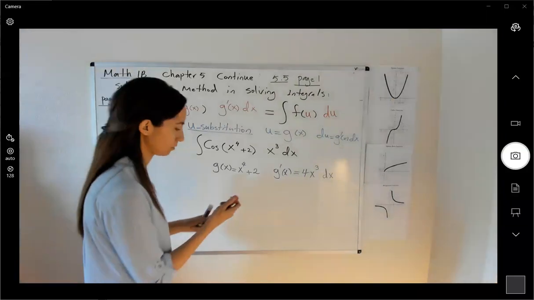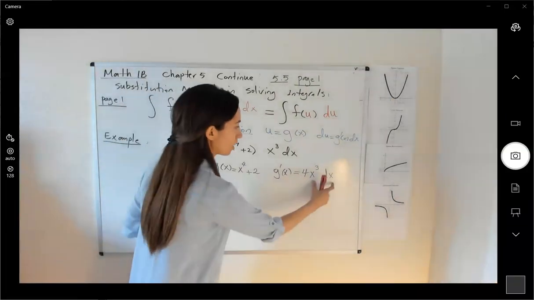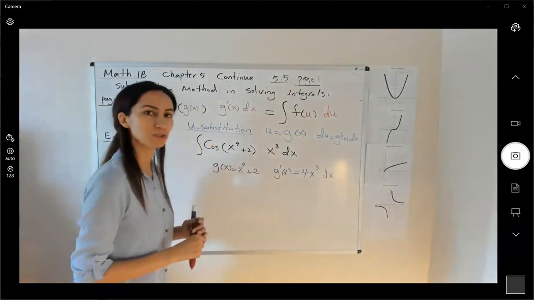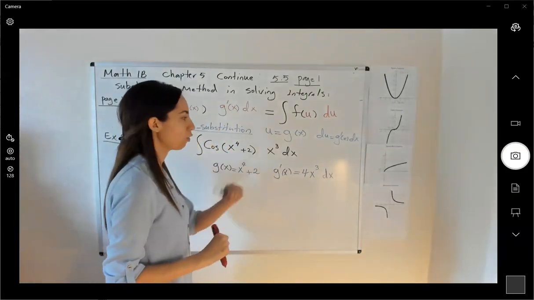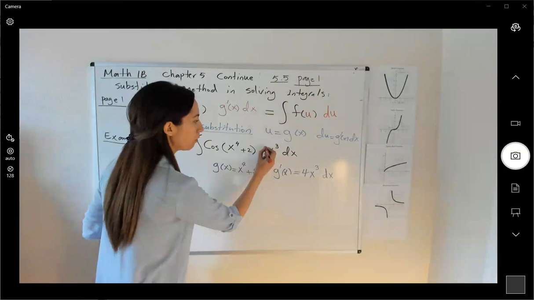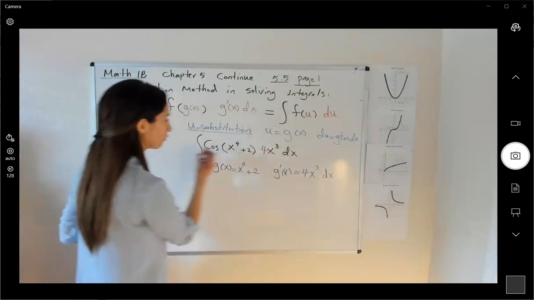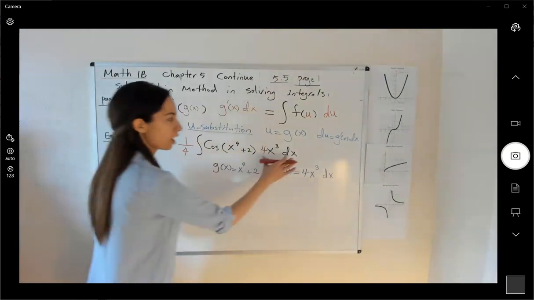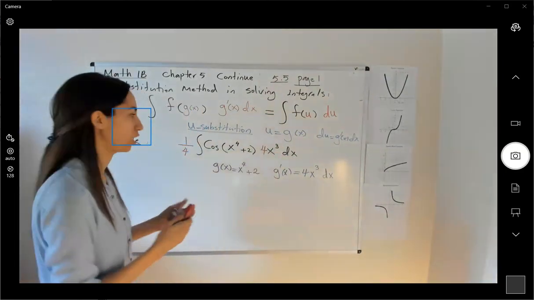So x cubed dx is equal to g prime of x over 4. So if I multiply this by 4 and at the same time divide by 4, I have my g prime of x.